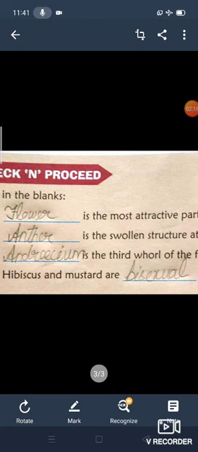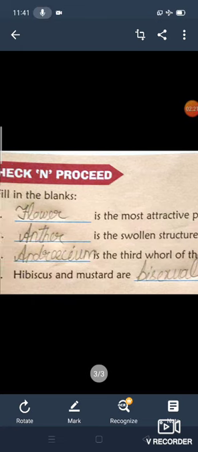First one, flower is the most attractive part of a plant. Second one, anther is the swollen structure at the tip of the filament. Dash is the third whorl of the flower, that is androecium. Androecium, which is the male reproductive part of a flower, is the third part of a flower.